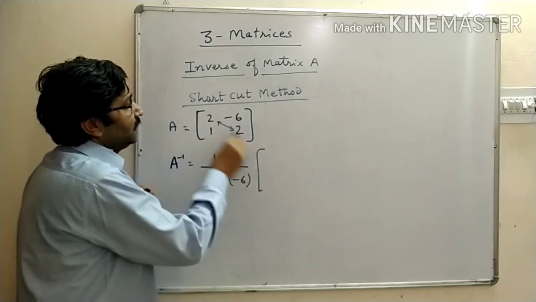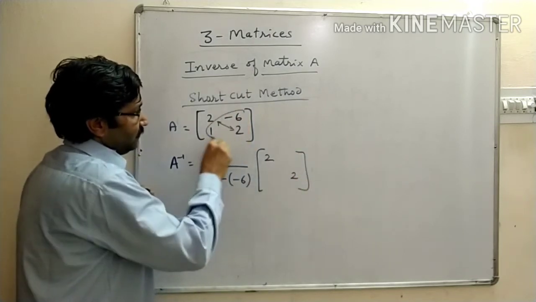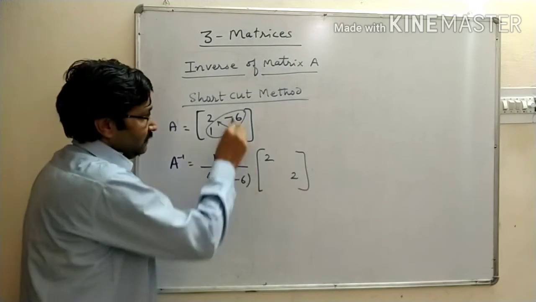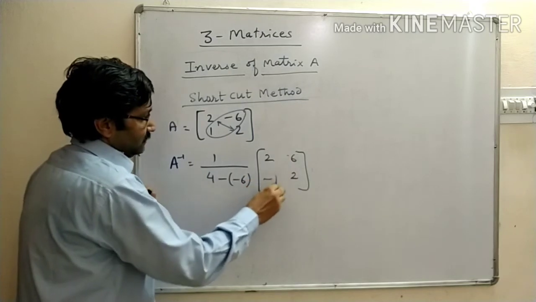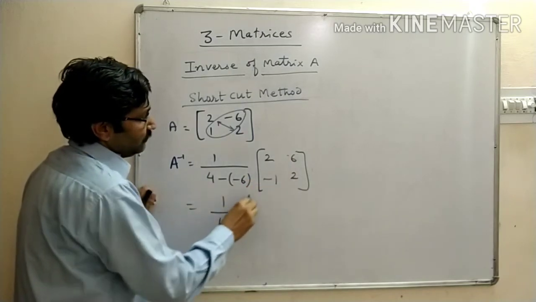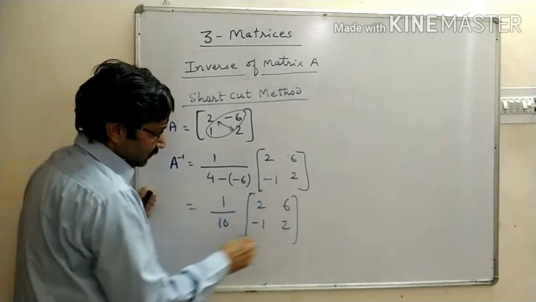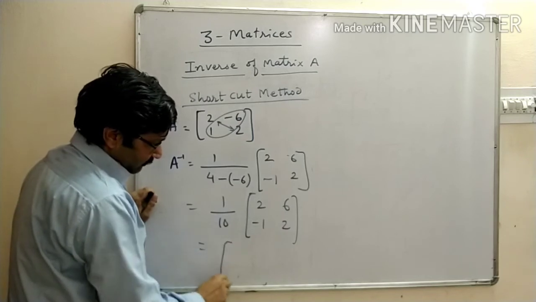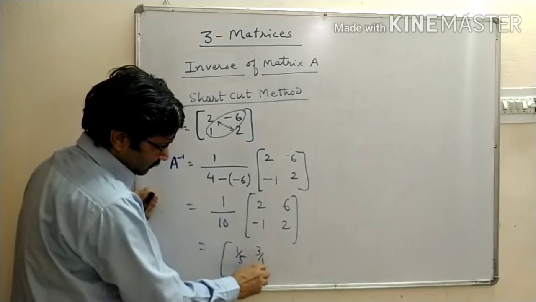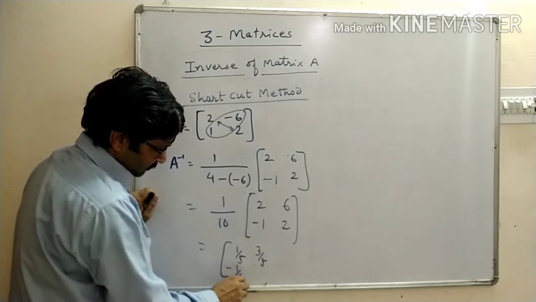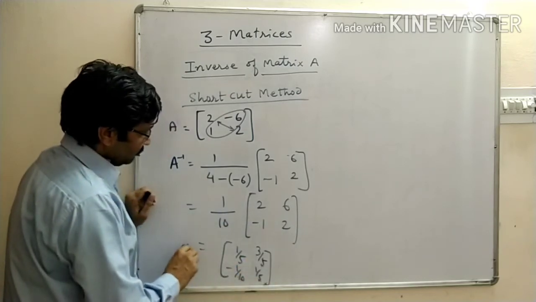Then we will interchange: we get the same elements as they are, and the remaining elements you change the sign. Minus 6 will become plus 6 and this 1 will become minus 1. Now you will solve. You get 1 upon 10 and these you write as it is, and then all these numbers you divide by 10. So when you divide by 10, 2 by 10 is 1 by 5, 6 by 10 is 3 by 5, minus 1 by 10, and this you get 1 by 5. Hope you understand this solution.